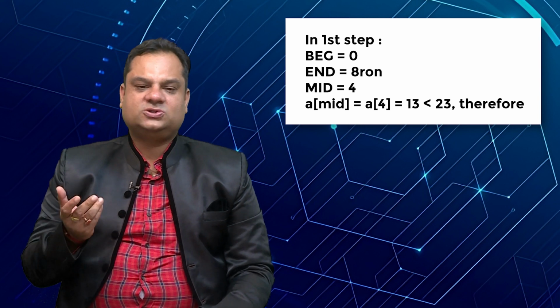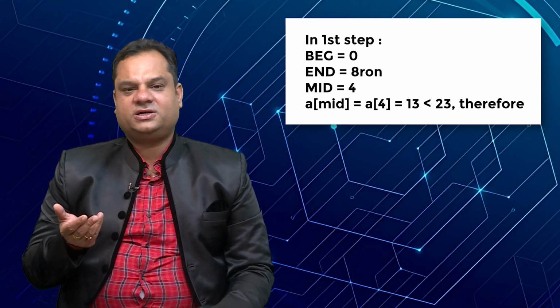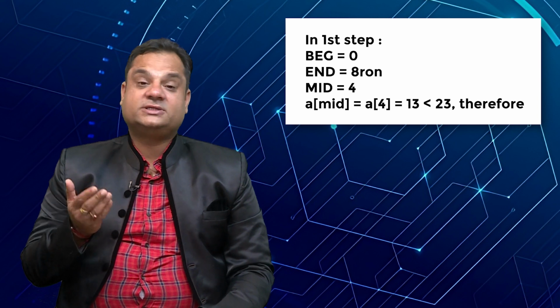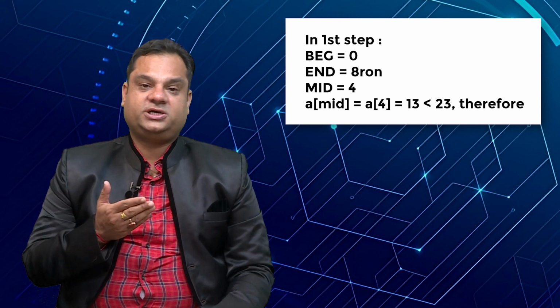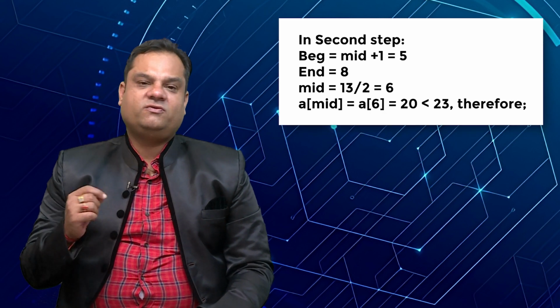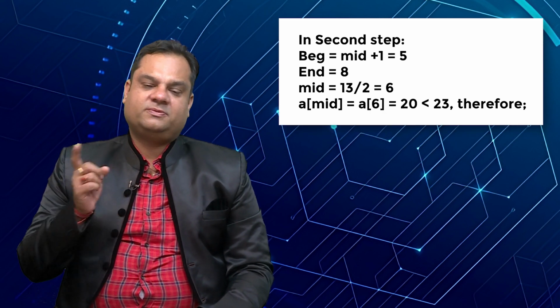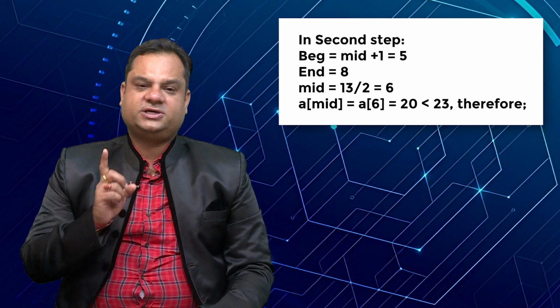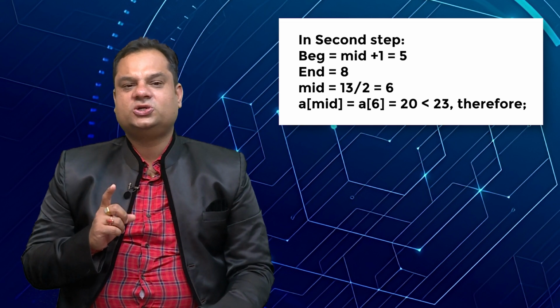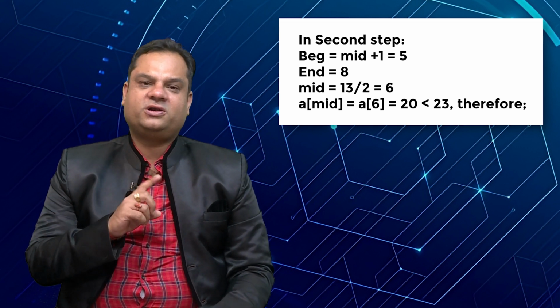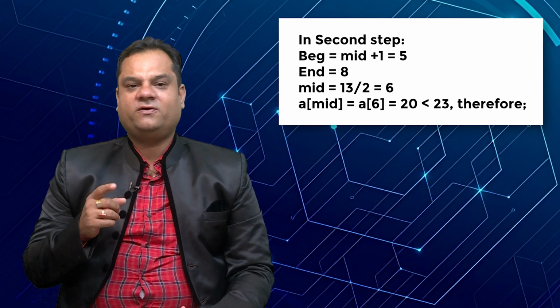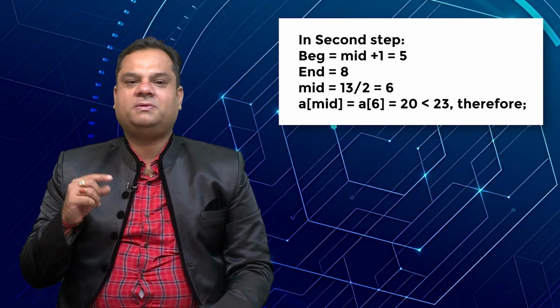So the item is not matched, and we also compare that the item is greater than the middle position data. Therefore, in the second step the pointer will be updated. If the searching item is greater than the middle position data, the beginning pointer will be updated with beginning equals mid plus 1.